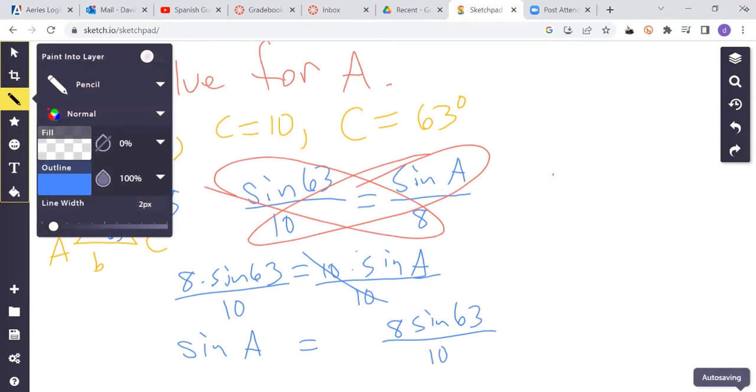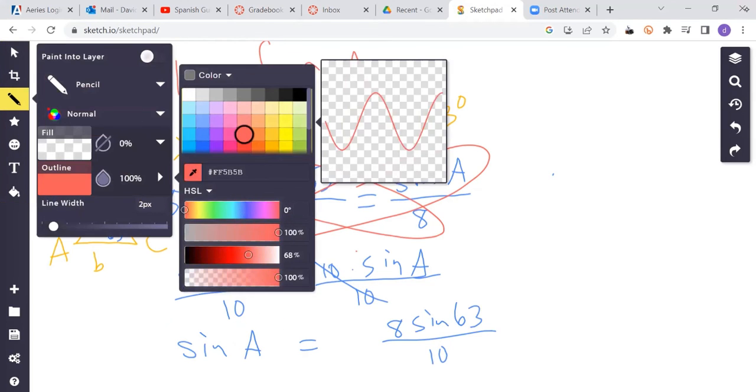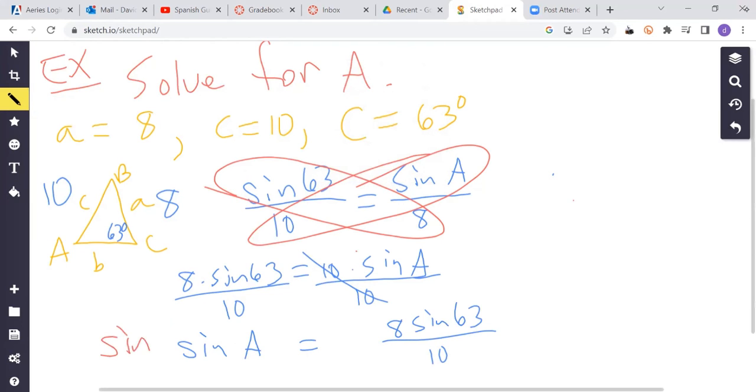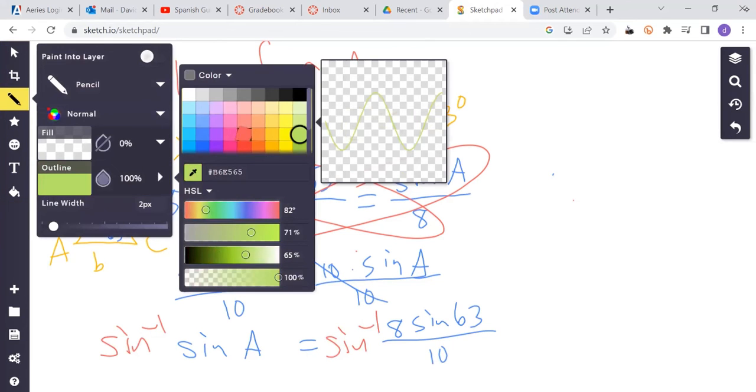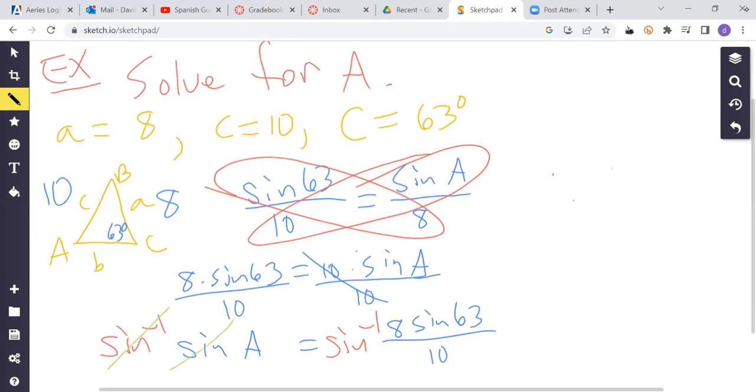In order to do that, remember that to knock out sine, what you could do is use sine inverse of both sides. Because on the left, sine inverse cancels with sine. So you're left just with A, which is the goal. But then you have to type all that into a calculator.